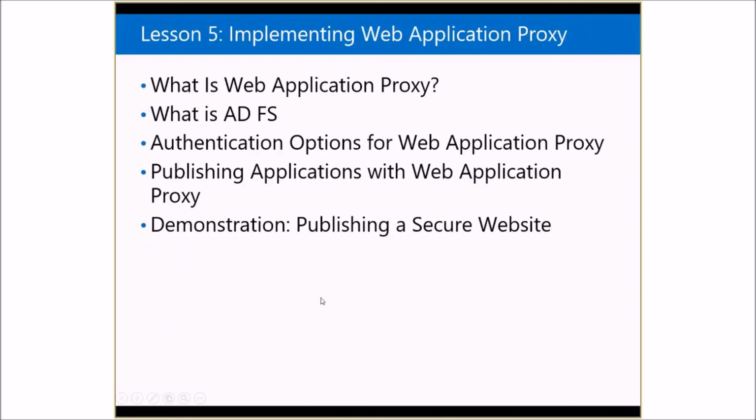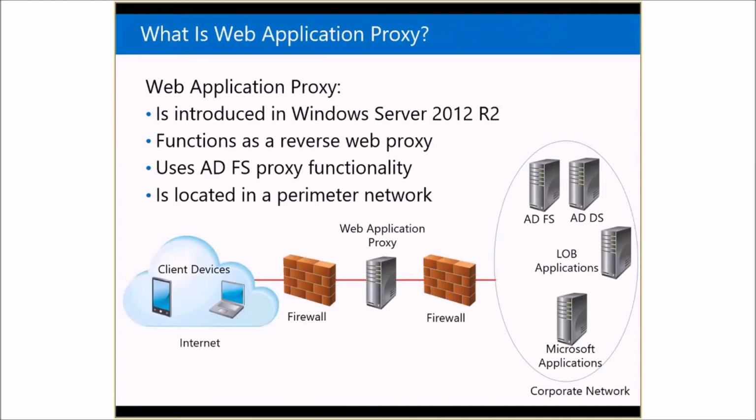All right, the next thing we're going to talk about is Web Application Proxy. This is basically a form of publishing. What does that mean? It means we have an internal resource that we want to make available to the internet. Here we have what's called a perimeter network. We talked about how this is also called a DMZ: a network that we control, but we don't fully trust.